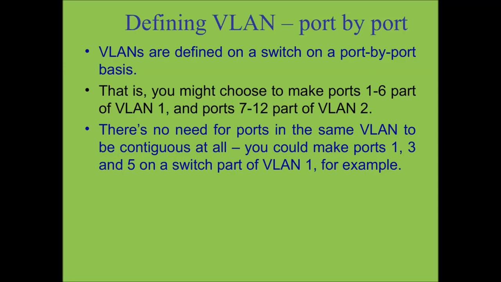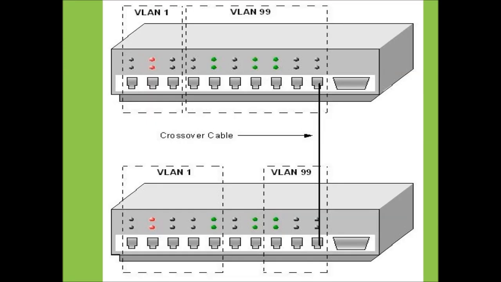So there is no compulsion of contiguous or continuous use of ports for one VLAN. We can use any port for any VLAN, logically divided with the help of software.